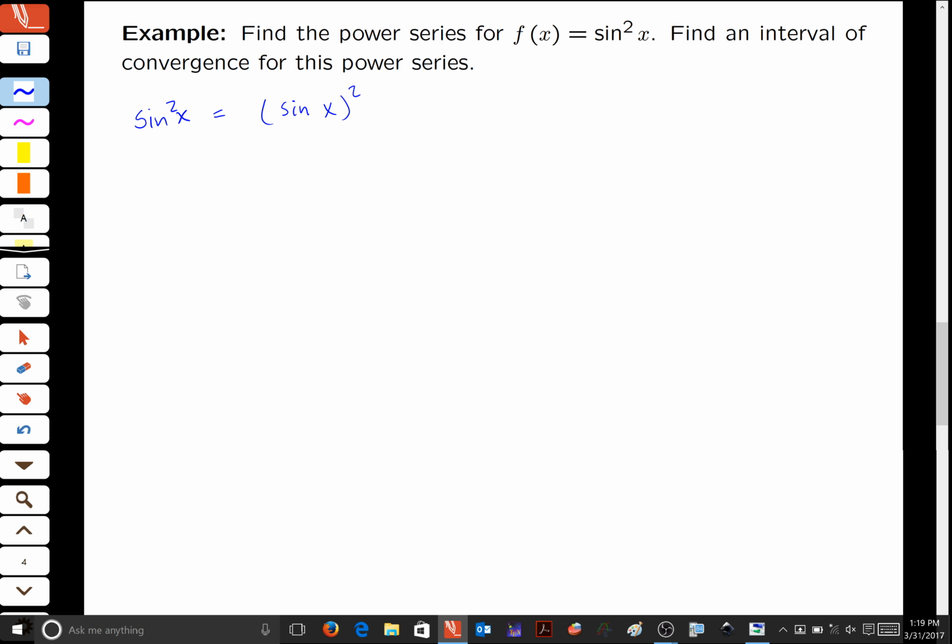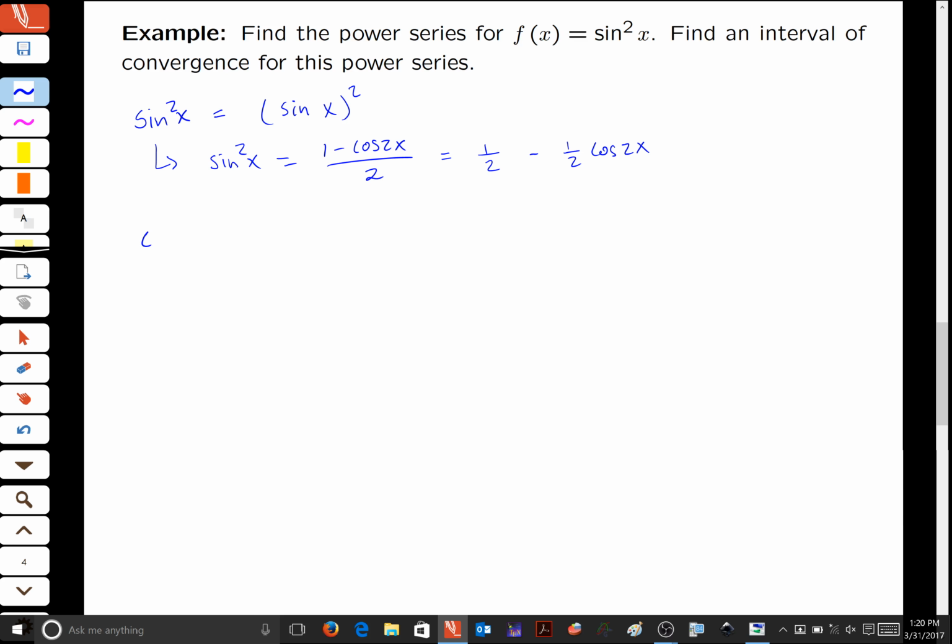So what we're going to do is use our trig identity. What is sine squared of x according to the trig identity? 1 minus cosine 2x over 2. So I can write that then as 1/2 minus 1/2 cosine 2x.